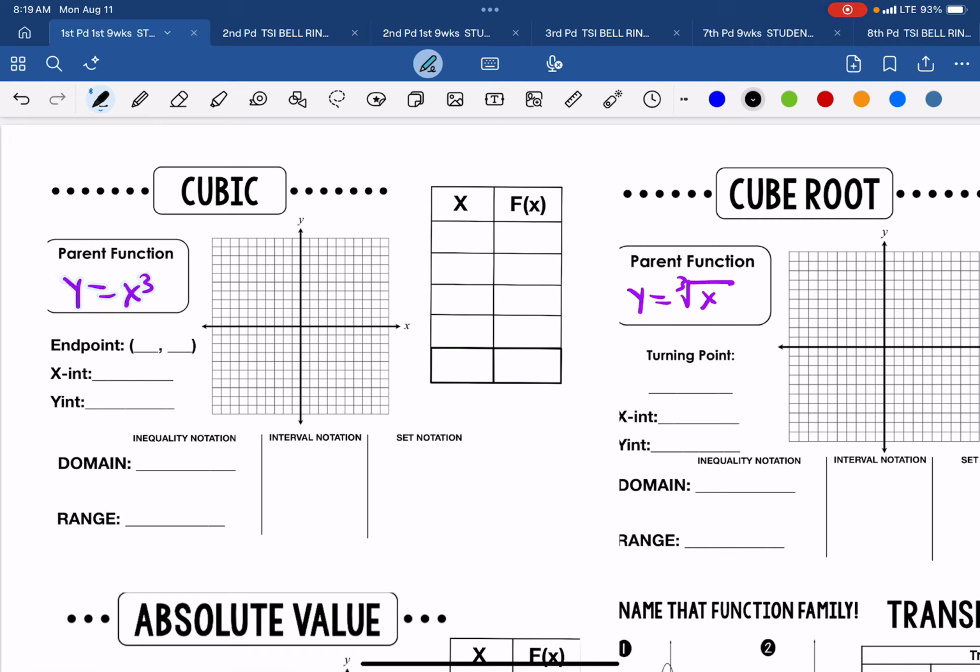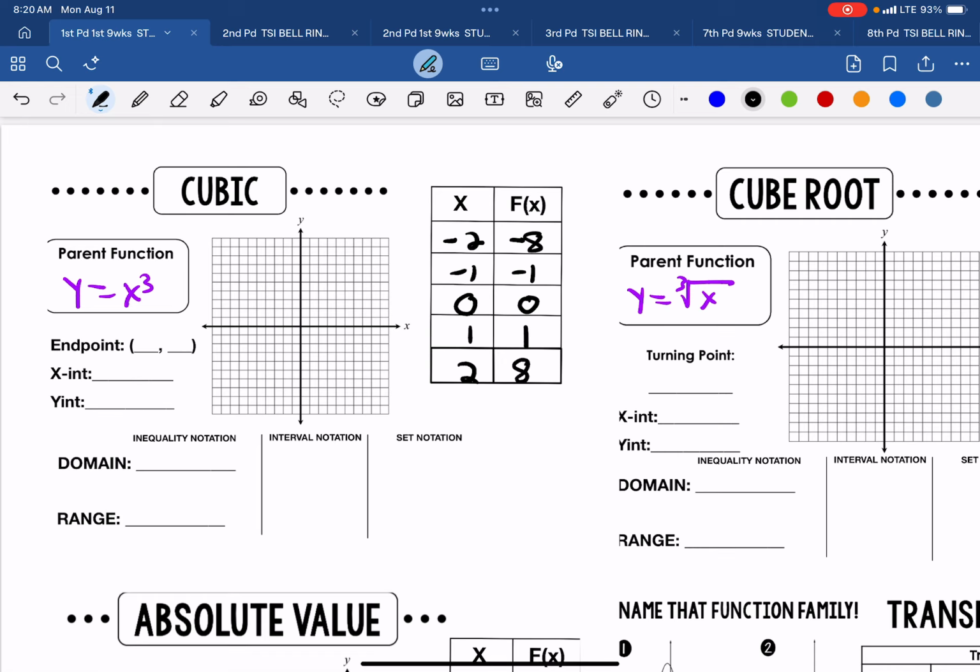Y is equal to x cubed. I'm going to use these numbers, just like I did the other ones, okay? You plug in it, replace the x, you get that value. So negative 2 to the power of 3 would be negative 8. Negative 1 to the power of 3 would be negative 1. 0 to the power of 3 would be 0. 1 to the power of 3 would be 1. 2 to the power of 3 would be 8.